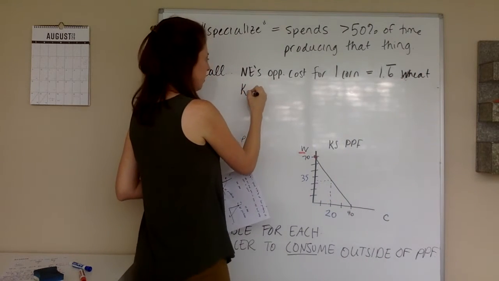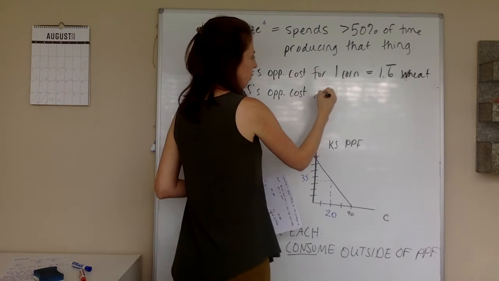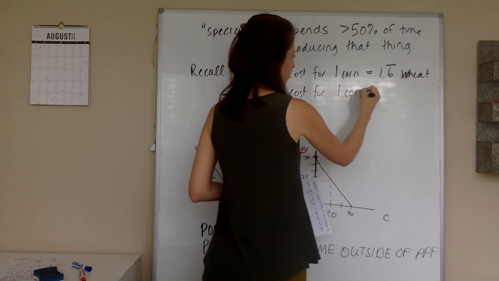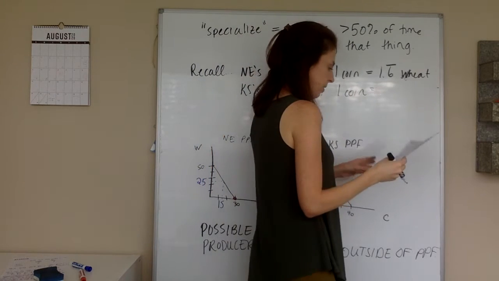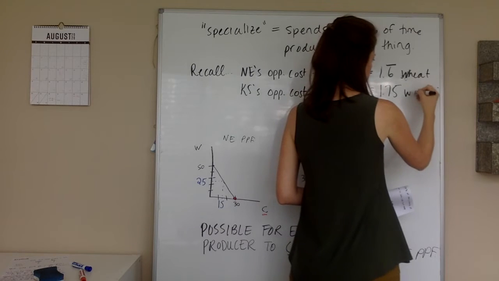And Kansas's opportunity cost for 1 corn was equal to 1.75 units of wheat.